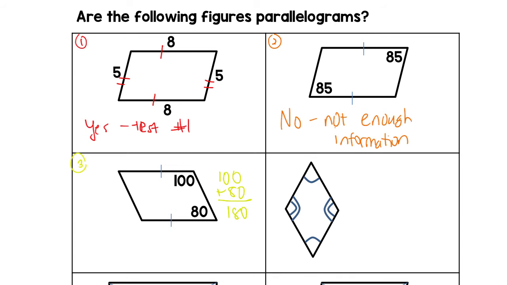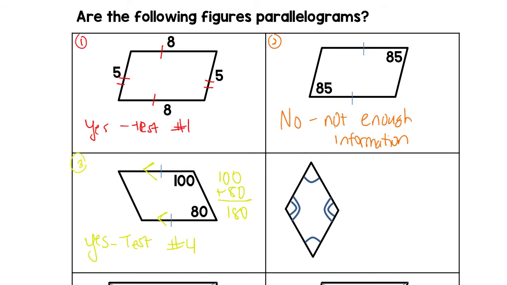If those two consecutive interior angles are supplementary, then these two lines have to be parallel. So we can say, yes, this is true because of test number four. One pair of sides is both congruent and parallel.